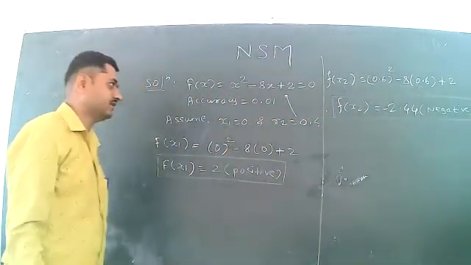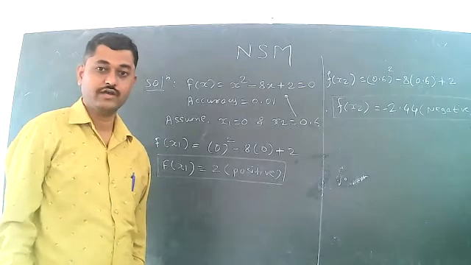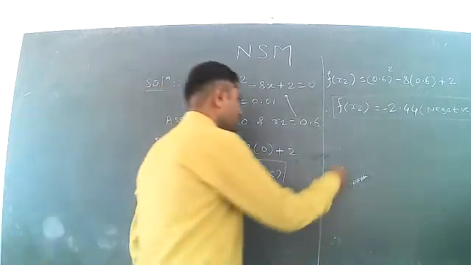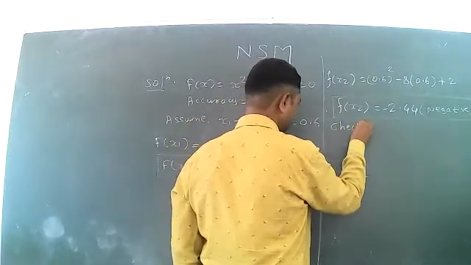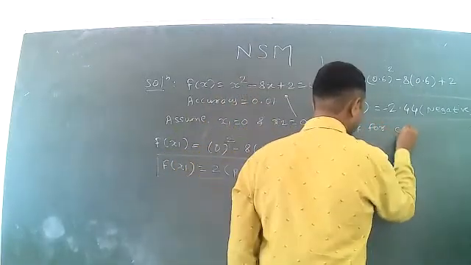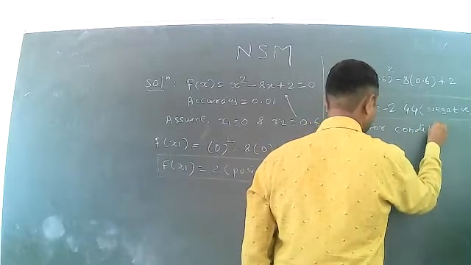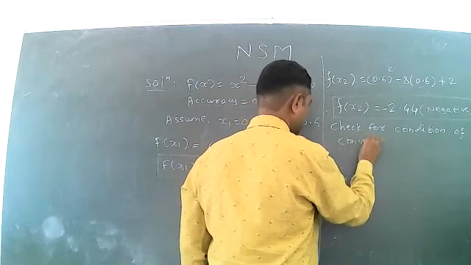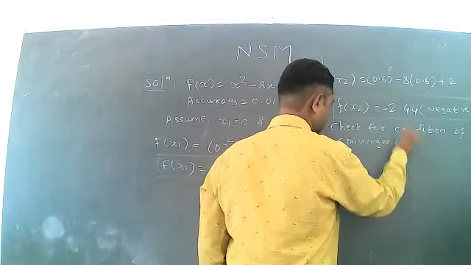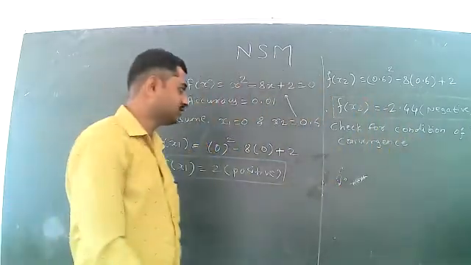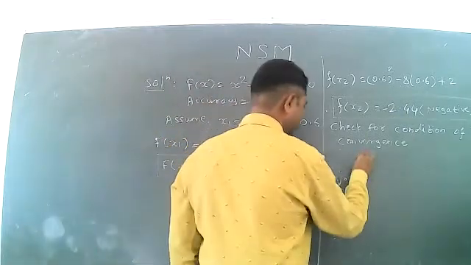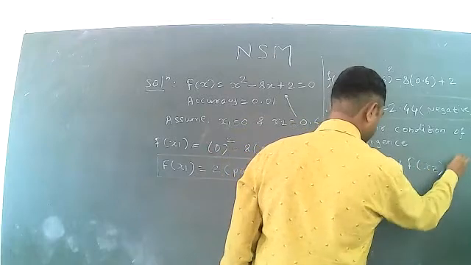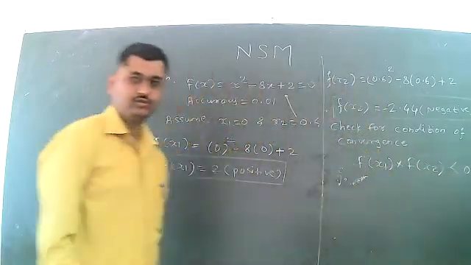After calculating f of x1 and f of x2, the next step is to check the condition of convergence. The condition of convergence is f of x1 into f of x2 is less than 0.